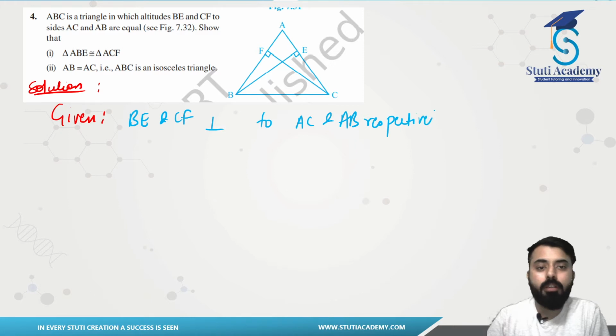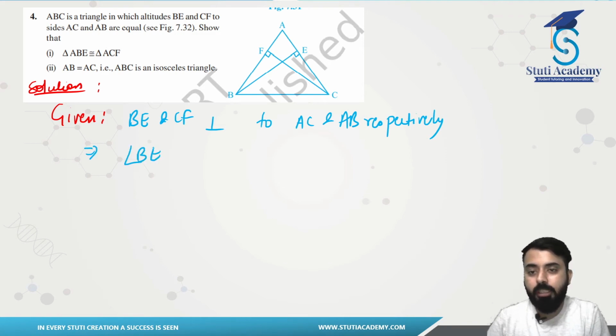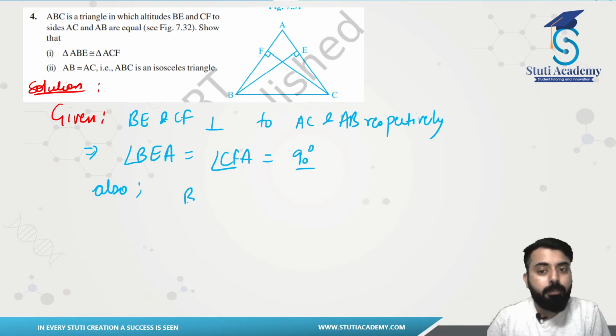I hope you understand this. Then this implies angle BEA is the same as angle CFA, which is 90 degrees, because the lines are perpendicular, because they are altitudes, right? Also, we have been given that BE and CF both are equal.